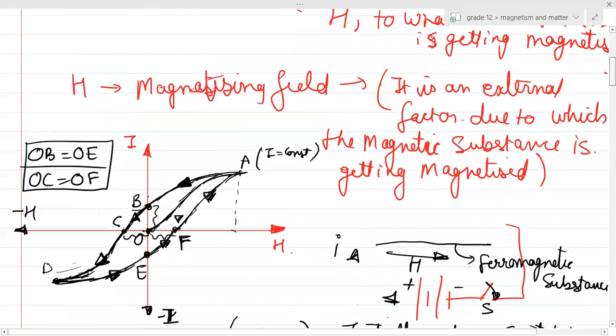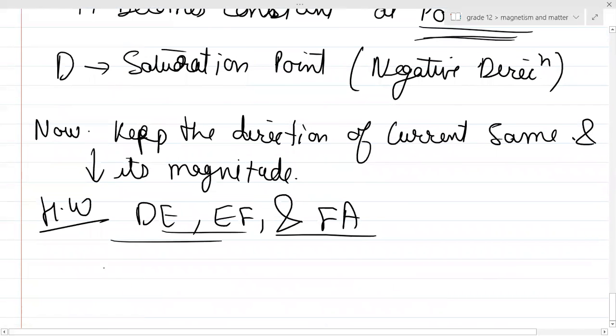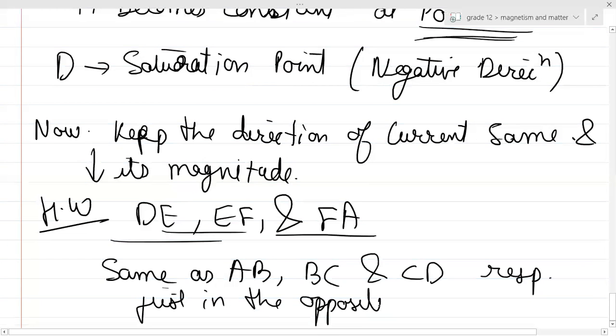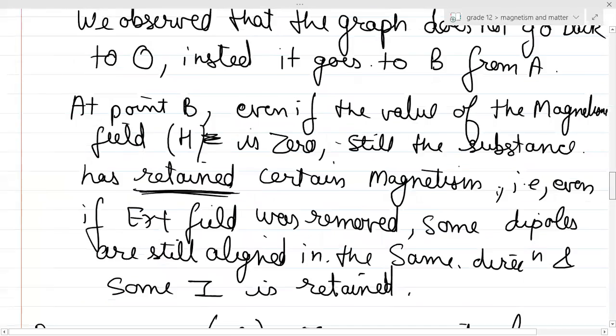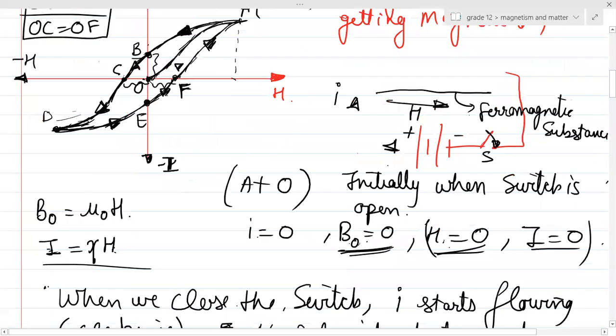I can write this particular thing: DE, EF and FA are same as AB, BC and CD respectively, just in the opposite direction. So I guess the whole curve is pretty much clear to you. The same thing is happening, but just in the negative direction.